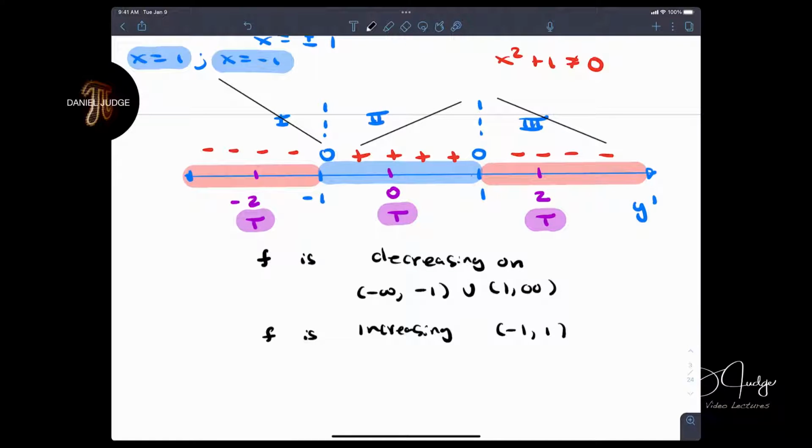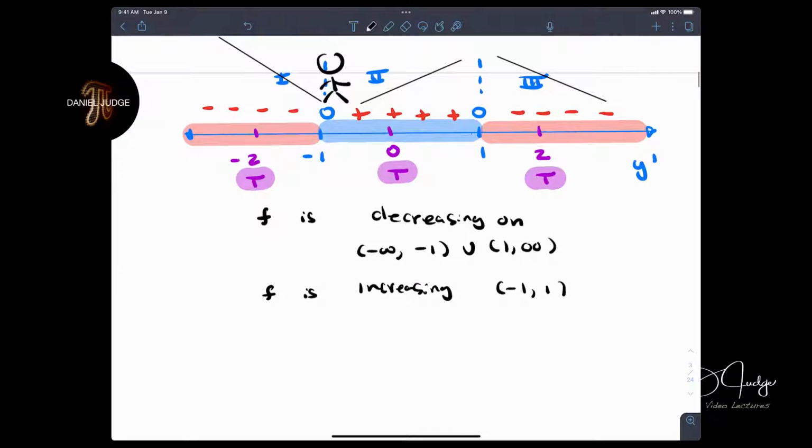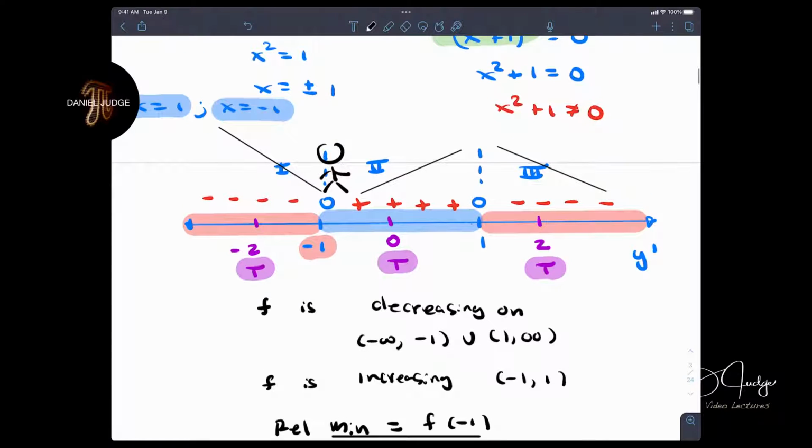Now, since we have the change from a decreasing function to an increasing function, we're staying in a valley there. So the function has a relative min at -1. This is the value you're looking for. So at f of -1, you have a relative min, and then you're talking about a hill here.